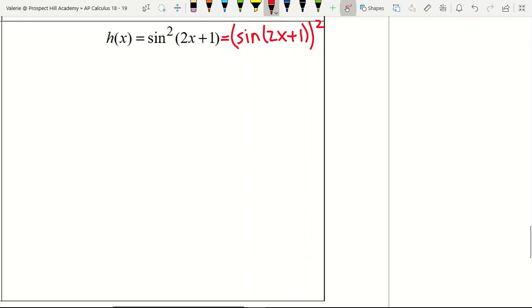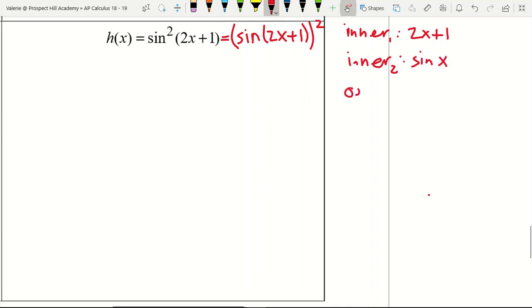Okay, so our really inner function is 2x plus 1. Our second inner function is sine of x.